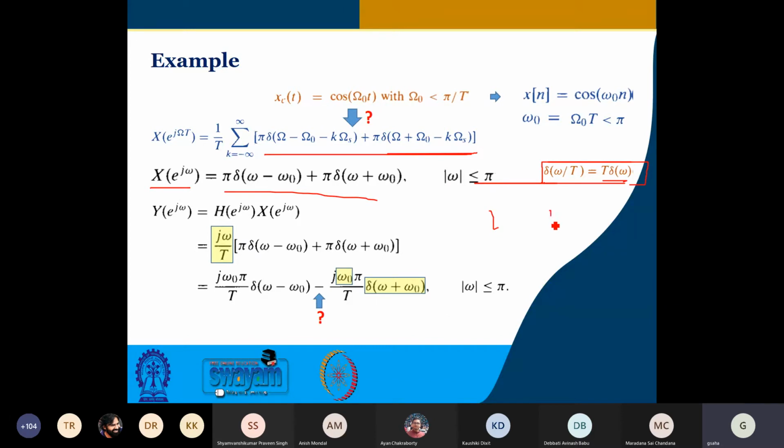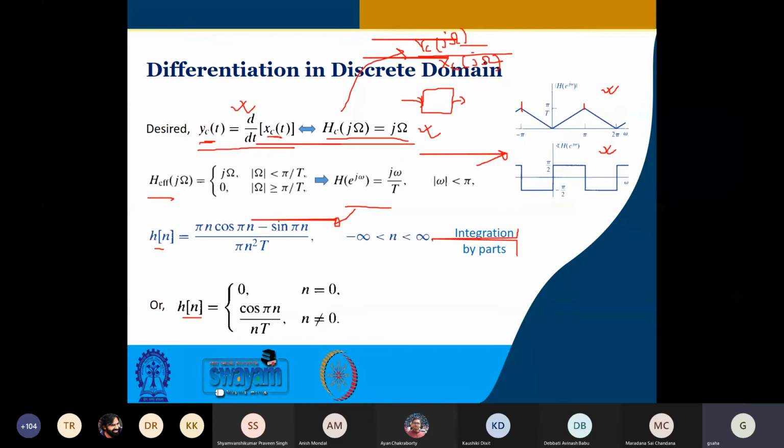So that is the central thing. After that there is a repetition for X(e^jω). So this is your X(e^jω), and your Y(e^jω) will be H(e^jω) multiplied by X(e^jω). And you have realized this H(e^jω) as jω/T, right?